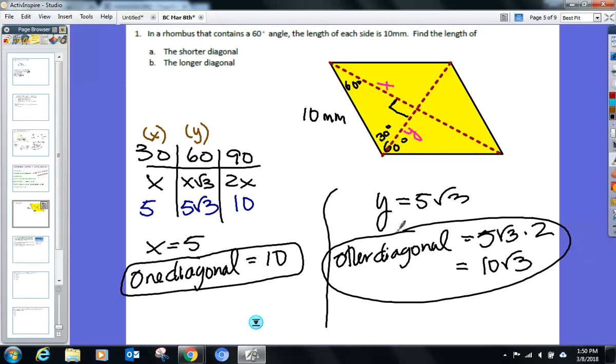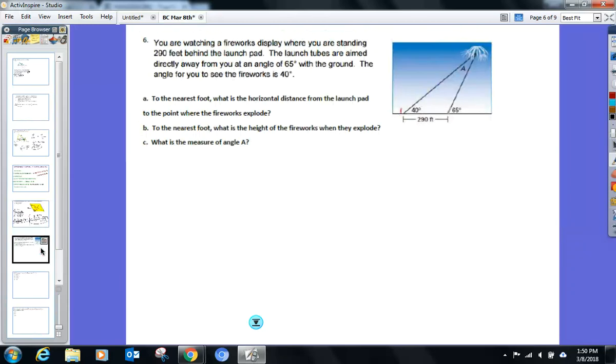All right, moving on. There's a fireworks problem on number 6 that I want to go to. Okay, you are watching, and you is that red person right there. I guess maybe you got sunburned during the day. And you're standing 295 feet behind the launch pad.